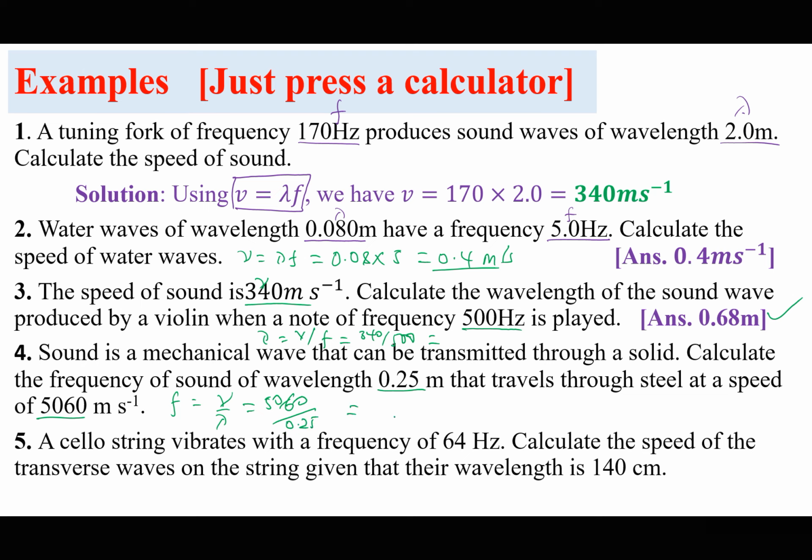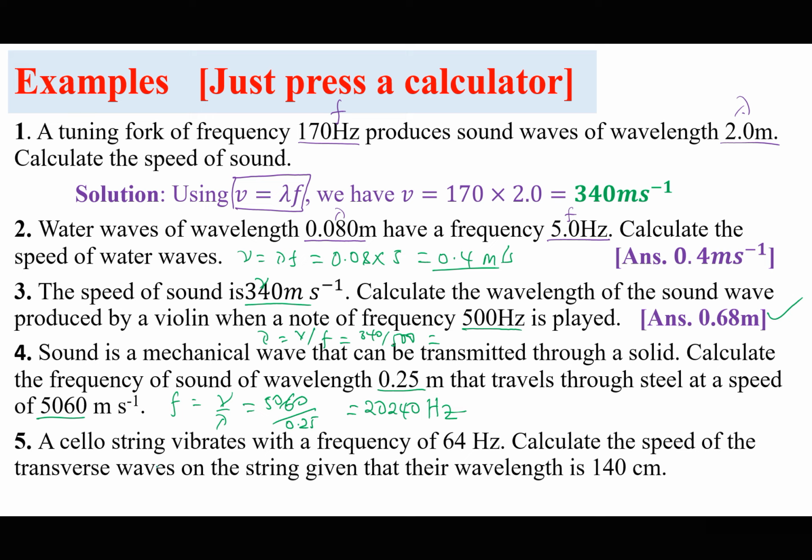So I'll press my calculator. 5060 divided by 0.25, so this becomes 20240. Because this was frequency, this is going to be in hertz.